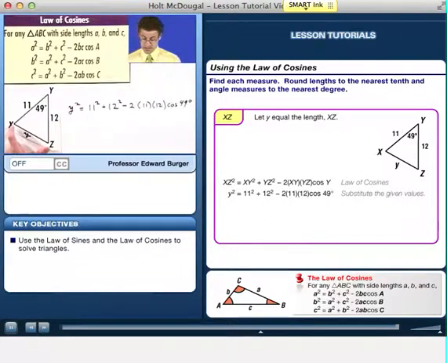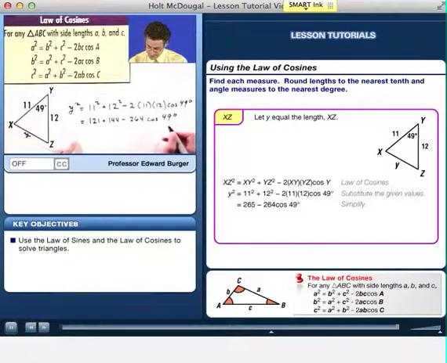You're going to find out this length. So we can simplify this a little bit, I guess. This is 121 plus 144 minus, this product here is 264 cosine of 49 degrees. And so this equals 265 minus 264 cosine of 49 degrees.